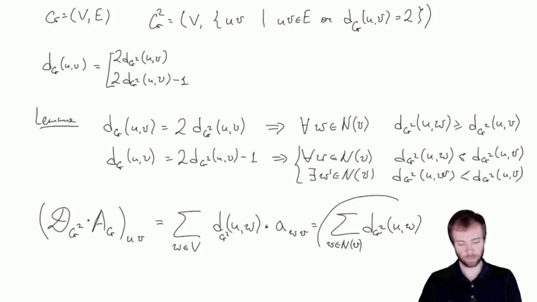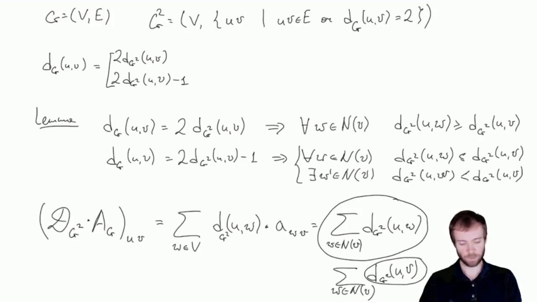And now if we look at this sum, what if we compare it to the sum of d_{G^2}(u, v) over all w in N(v)? This term does not depend on w, but still formally we can consider such a sum.